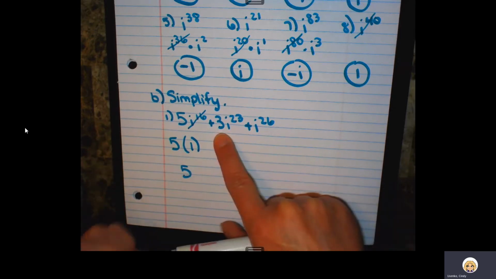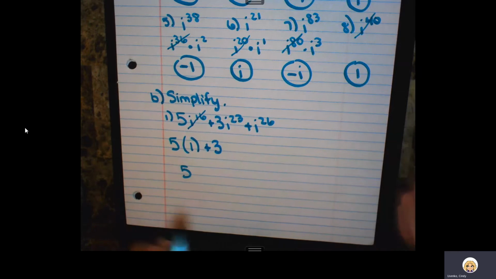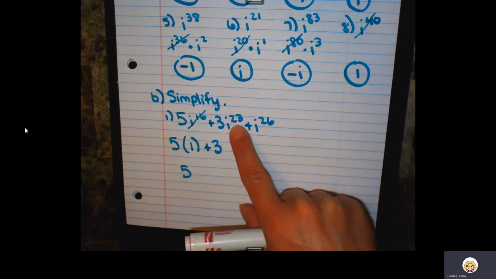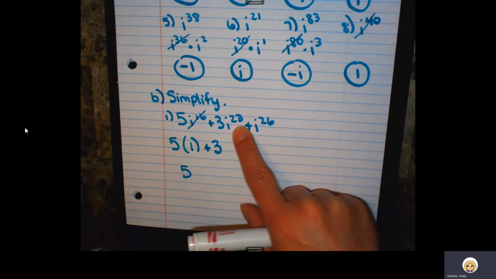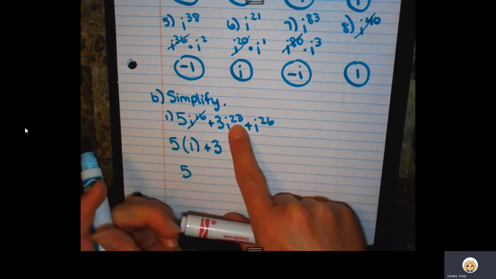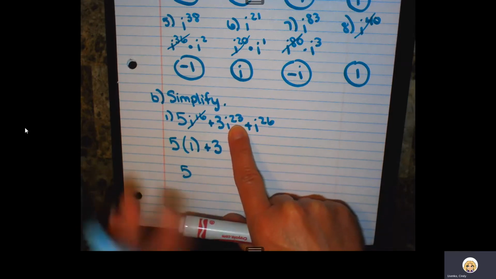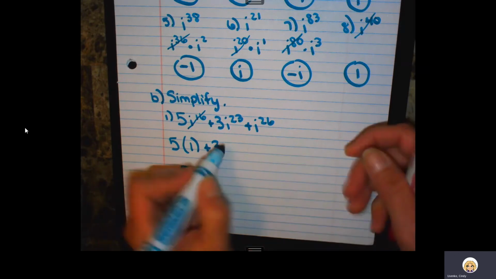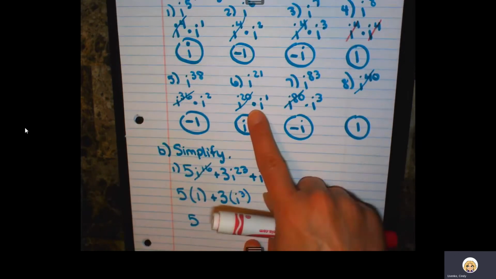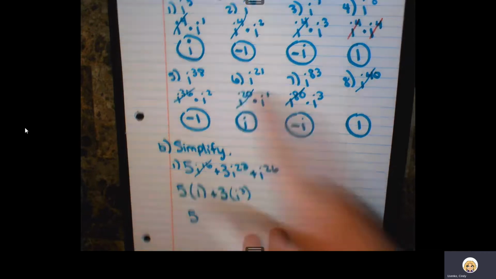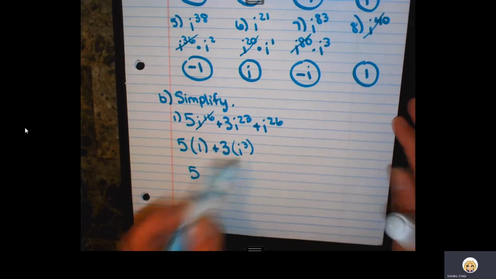Now I'm going to move over here. I'm going to bring down the plus and the 3. I want to simplify this. I want to divide out, first of all, my multiples of 4. Well, the multiple of 4 that is below 23 is 20. So if I take away the 20, I'm left with i cubed. So instead of writing it out like this, I'm just going to get rid of the multiple of 4 and write what's left for my remainder.